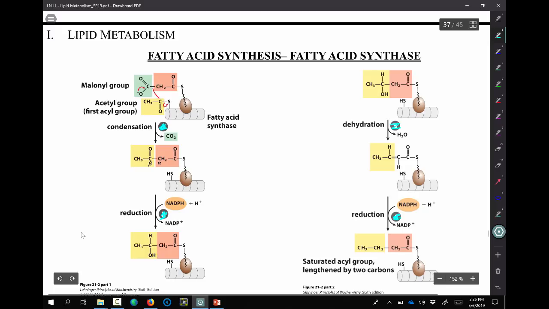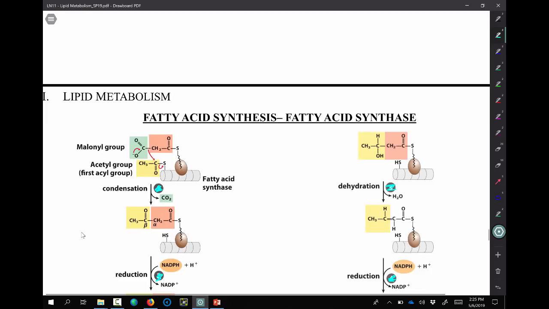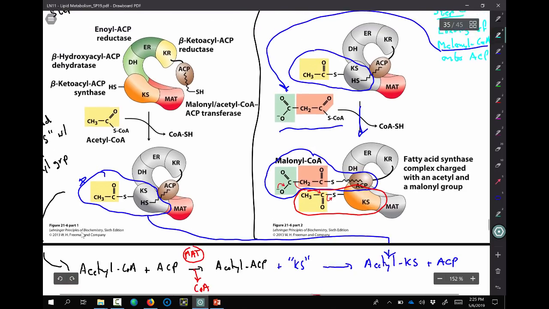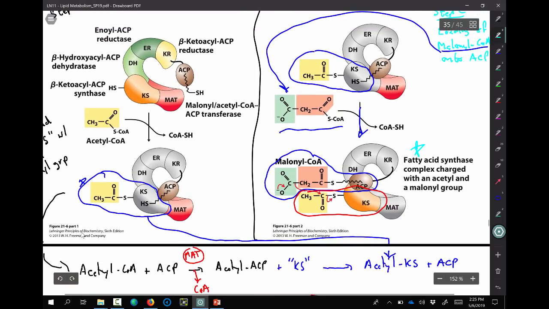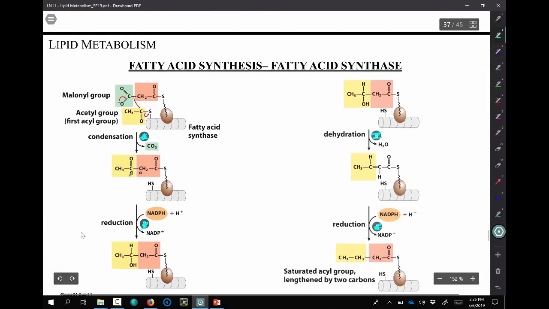Okay. All right. So we're starting here now. What we have, you'll notice this is after the second step. So we have now come back up here. Right, this guy right here, on the bottom right-hand corner, we have that malonyl ACP, and that KS acetyl group. Okay, so that's really what we are starting with right here.